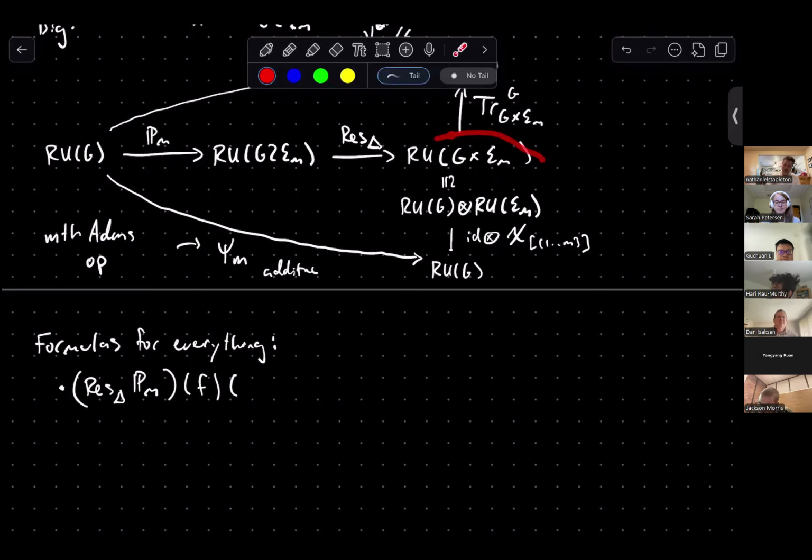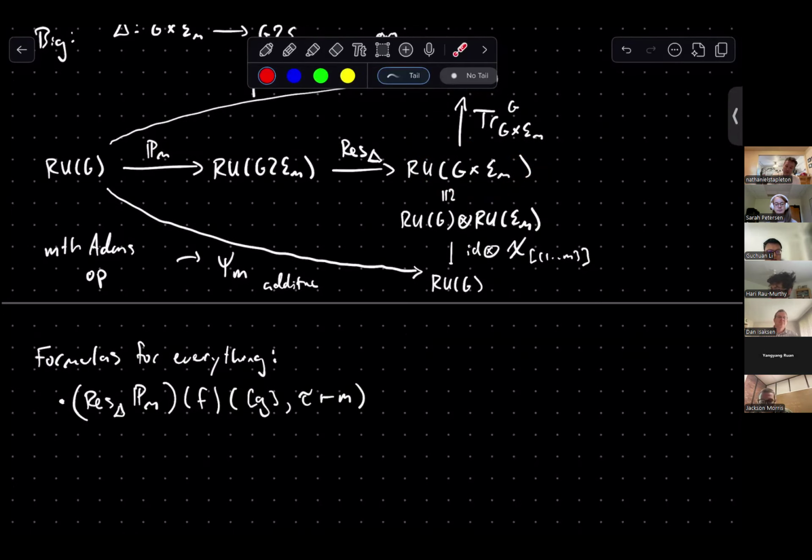It's in class functions on G times sigma m, and a class function on G times sigma m is evaluated on a conjugacy class in G and an integer partition of m. And so the formula for this should be in terms of this data. And this requires some unwrapping of what's going on in restriction along the diagonal.